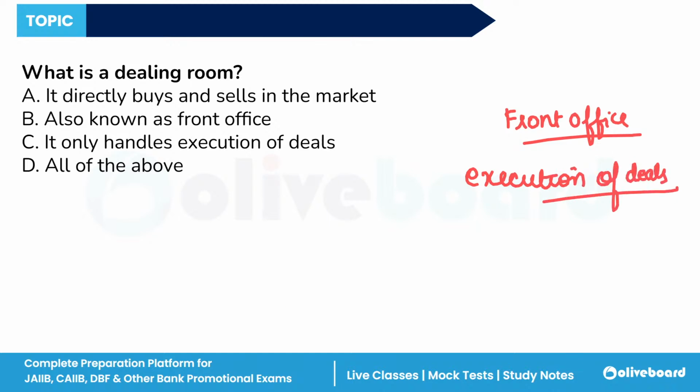It is headed by the chief dealer, with dealers working under him, and it directly buys and sells securities in the market. Each dealer specializes in one market: foreign exchange, money market or securities market, but because it is an integrated treasury, the dealers are generally familiar with all the markets. The dealing room is in no way involved in the settlement process of the deals executed by them. So I think all the options in the given question are correct.